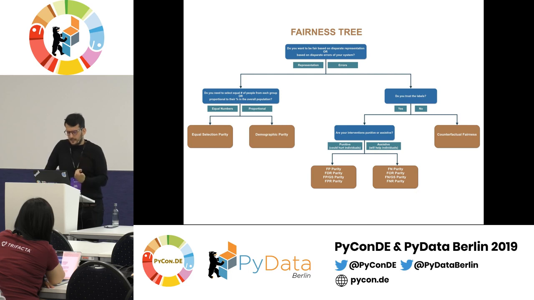If you care about errors, then comes a really tricky question: do you really trust the labels? If you don't trust the labels, just try counterfactual fairness and see if you get interesting results. Often you get exactly the same input vector, and the label is different.